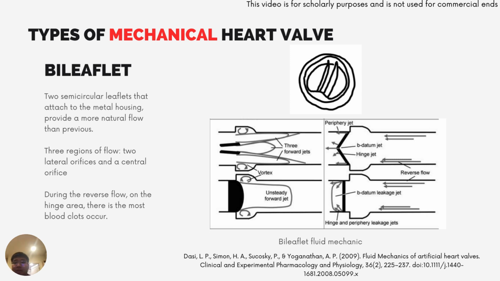The velocity in the lateral orifices is higher than in the central one. This forms two recirculation regions in the sinus region of the aortic root. During the reverse flow, on the hinge area within the center, there is an area where blood clots can occur.